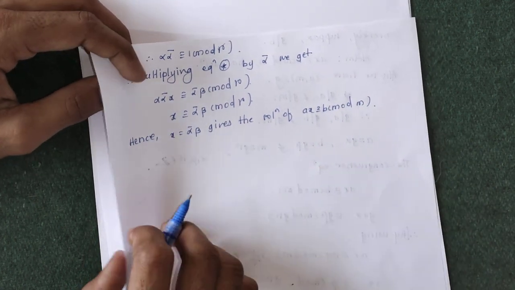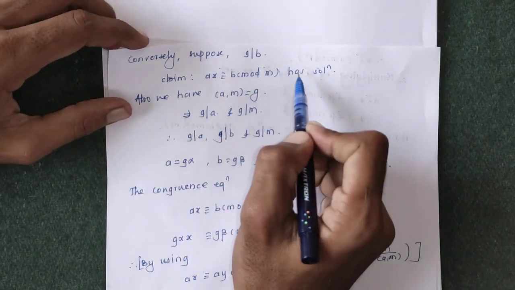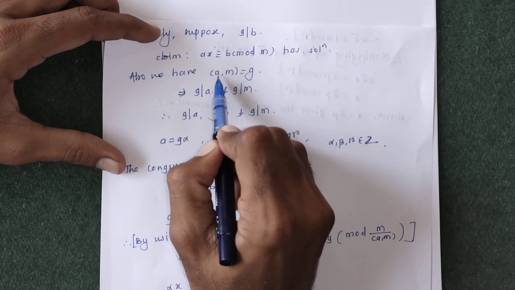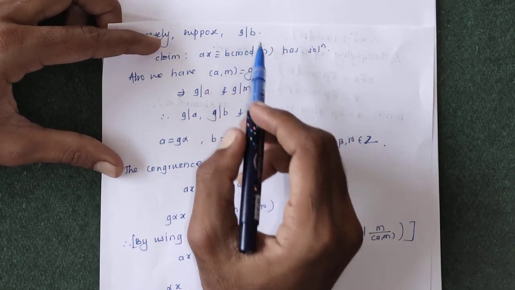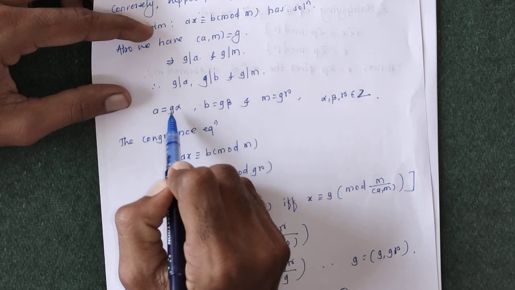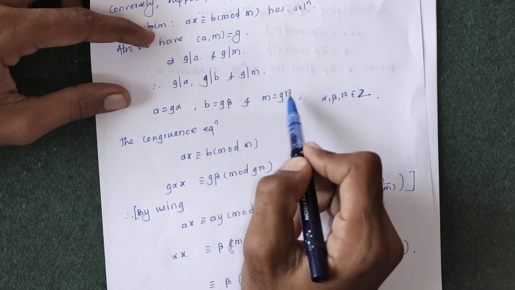Hence the converse part is proved: if g divides b, then this congruence has a solution. We have GCD of a and m equal to g, so g divides a and g divides m, and also g divides b. So using the definition of divisibility, we get a equals g alpha, b equals g times some other integer, and m equals g times some other integer.